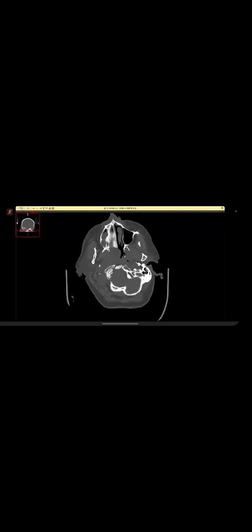Now, if you go here and compare this versus this, there is a lot of destruction, and as I was pointing out, the hypoglossal canal, etc., is involved.